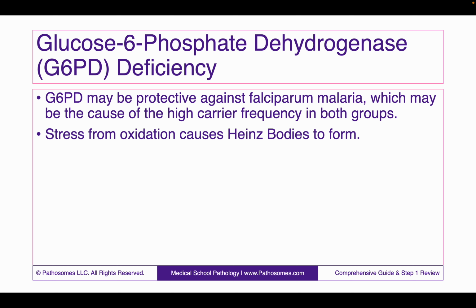G6PD deficiency may be protective against falciparum malaria, which may be the cause of the high carrier frequency in both groups. Stress from oxidation causes Heinz bodies to form in patients with glucose-6-phosphate dehydrogenase deficiency.